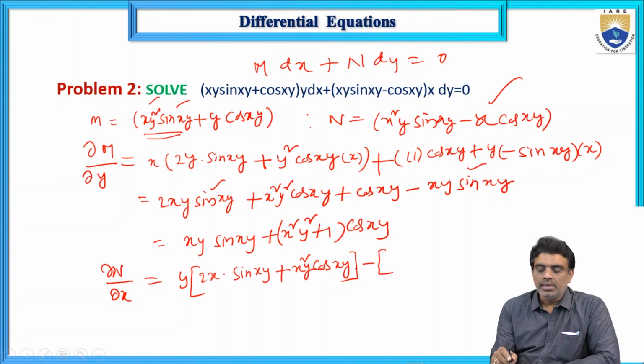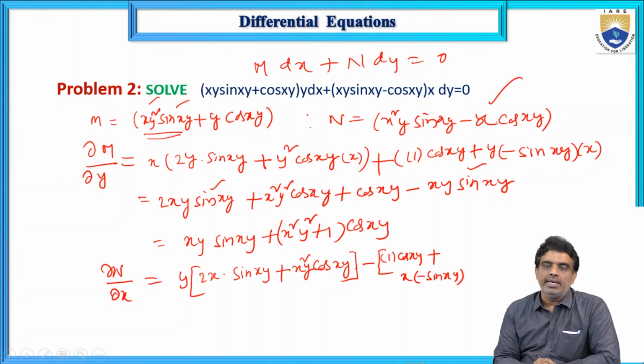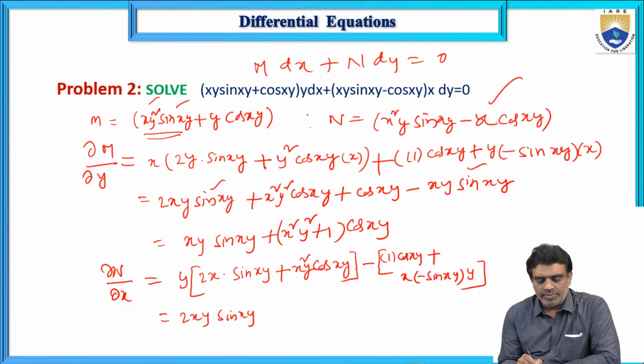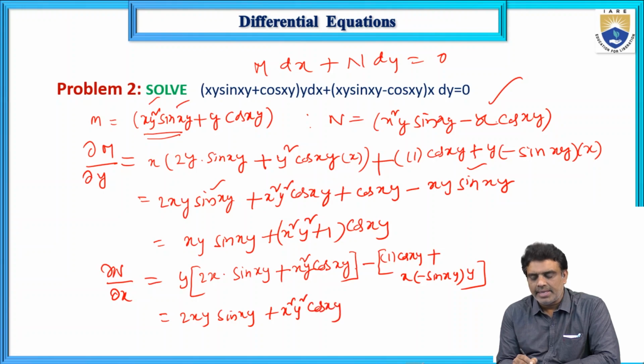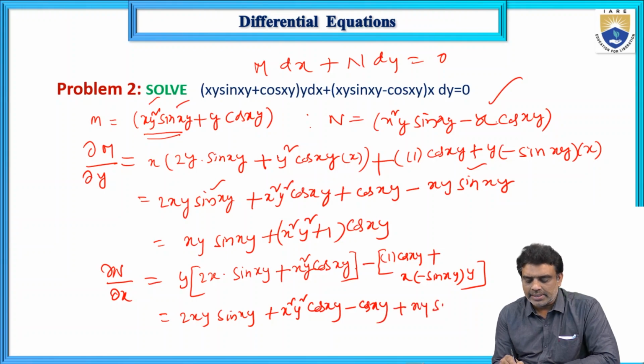Again minus, again it is x into cos xy. So I will get 1 times cos xy, treating cos xy as a constant term, plus x into the derivative of cos xy, minus sin xy, into y with respect to x. So this is 2xy sin xy as the first term, x square y square cos xy as the second term, minus cos xy as the third term, and the fourth term plus xy sin xy.